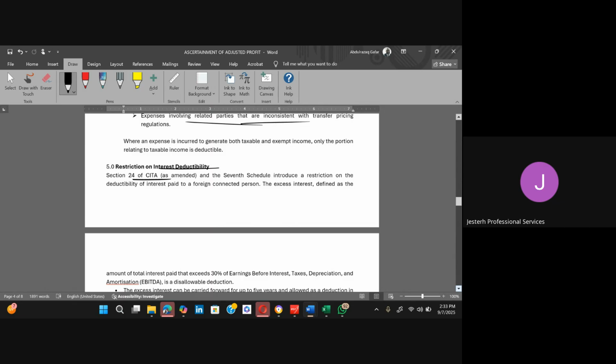Please, when you are answering any question, if you are not sure of that section of the law, please do not quote that section. If you are not sure of the section, you can just say that section of the Tax Act. Are you getting it now?